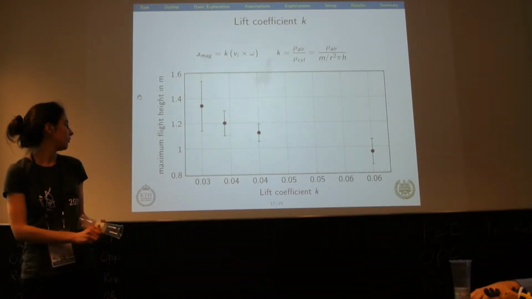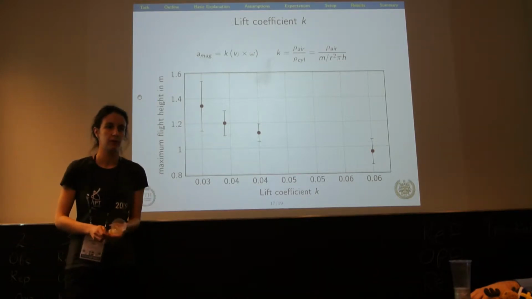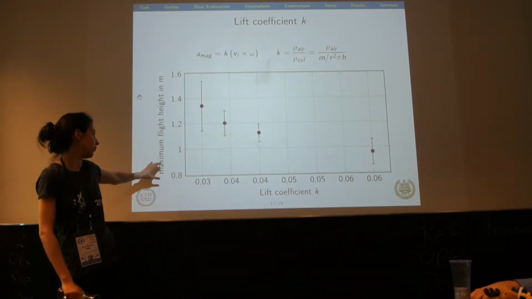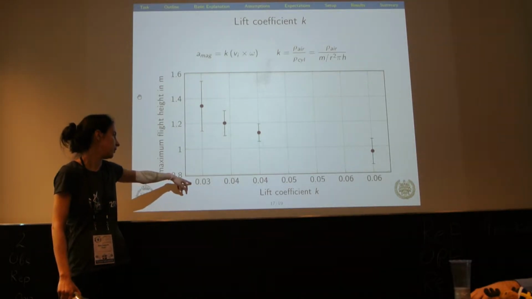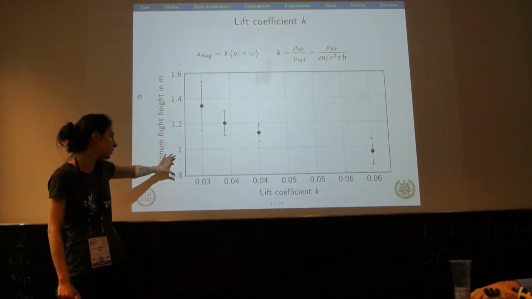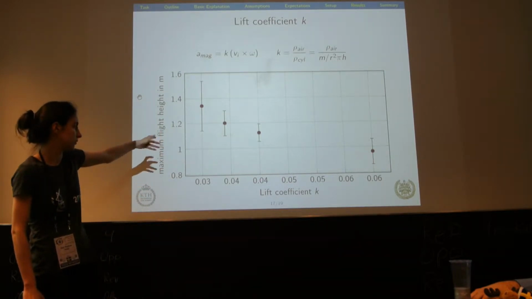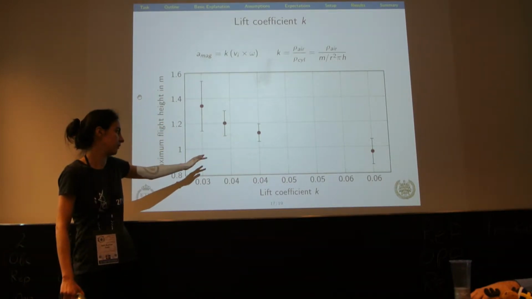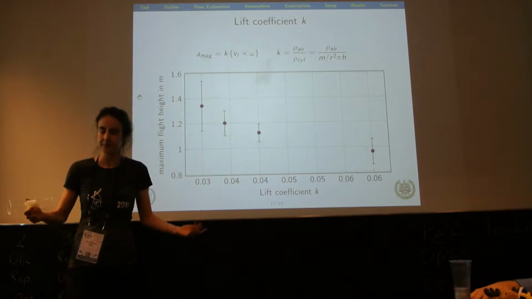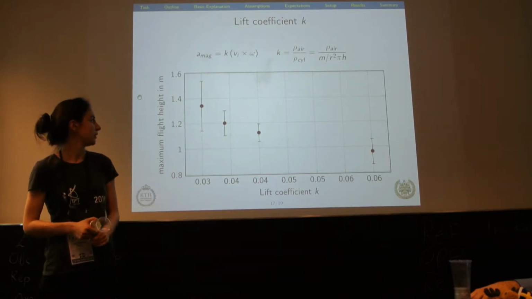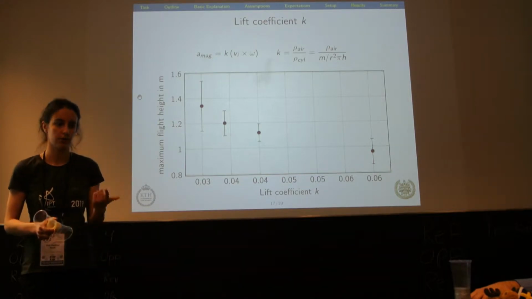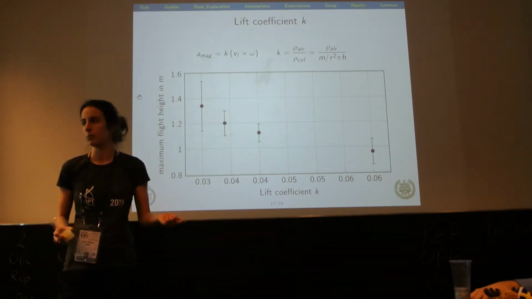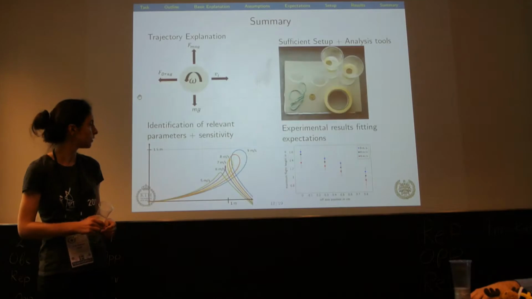And what you can see here is exactly the thing we predicted in the simulation. For a low lift coefficient, where we achieve the maximum height, it is exactly as predicted in the theory. So we consider this, as well as the simulation and the overall theory, to fit very well with the experimental results.